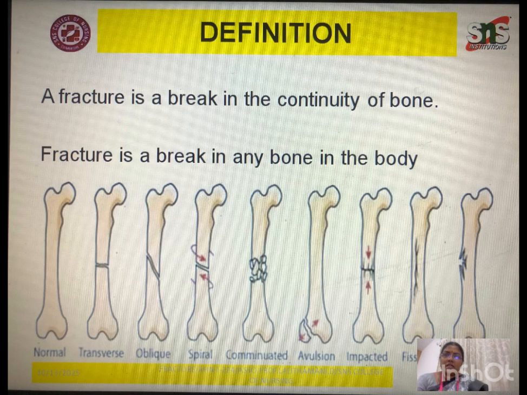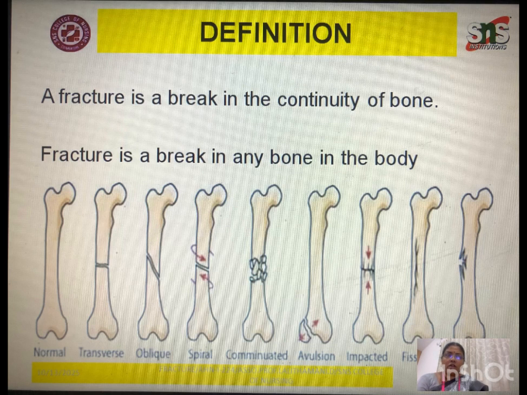When you see the screen, you can see different pictures showing the difference in the size and shape of the bone. The first one is the transverse fracture, where there is a cross-sectional cut and the bone has broken into two pieces.